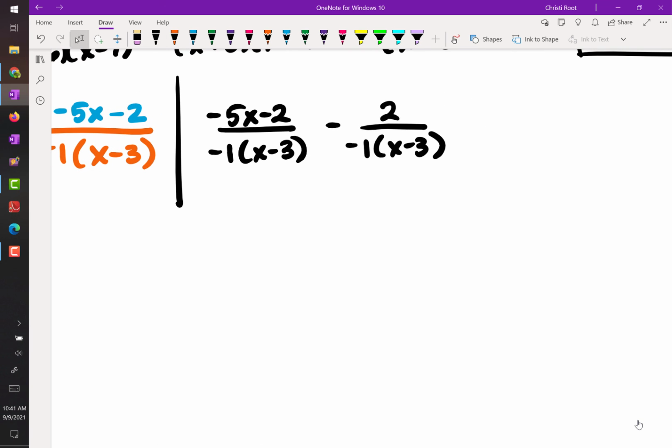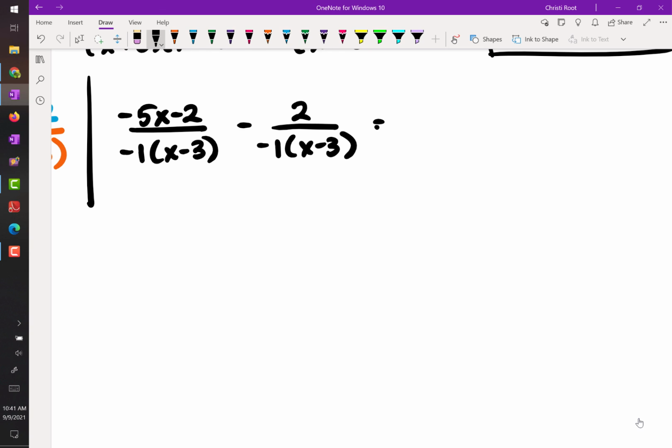We got that little -1 hanging out right there, okay? Here we go. Okay, so now that I have a common denominator, I'm going to write -1 and then x minus 3, and then I'm going to do what it tells me to do. I've got -5x minus 2 and then minus 2.